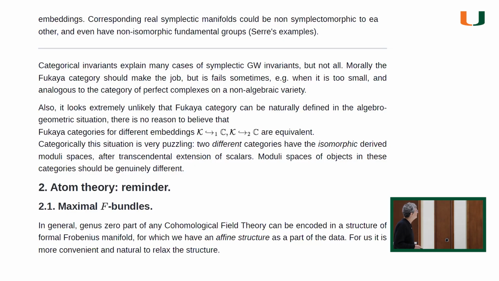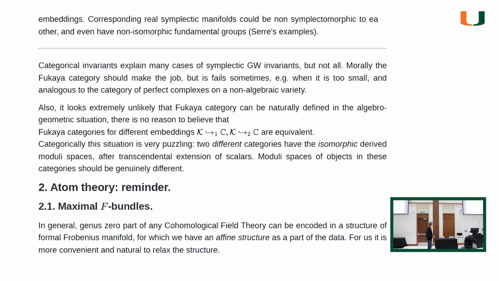So the formalism which we use in the paper with Ludmil, Tony, and Tony is maximal F-bundles. It encodes only the genus 0 part of cohomological field theory. High genus should be some kind of quantization, but I will not talk about high genus at all.